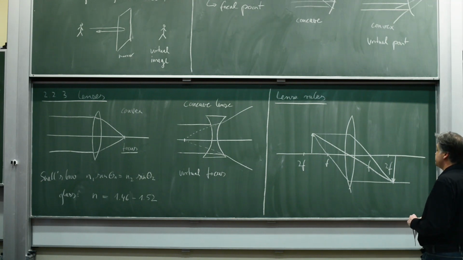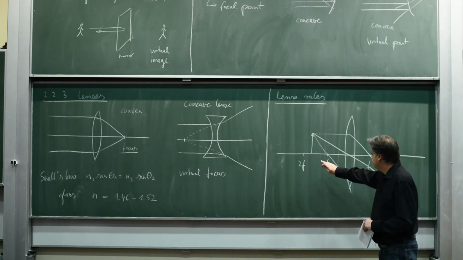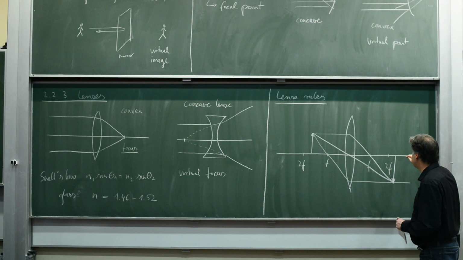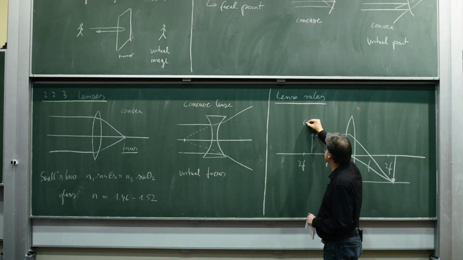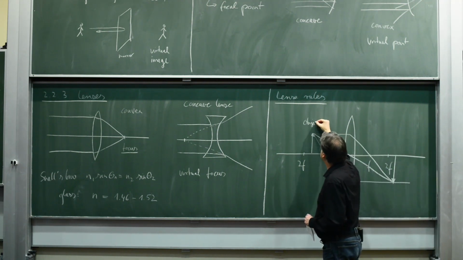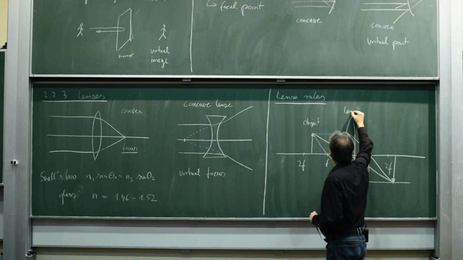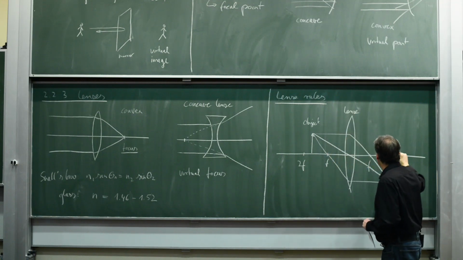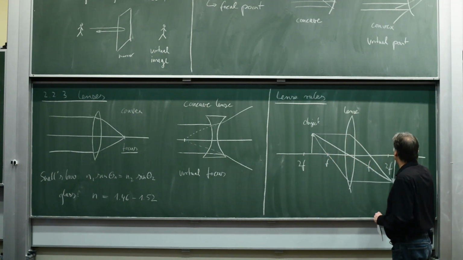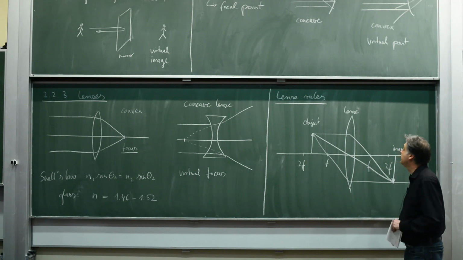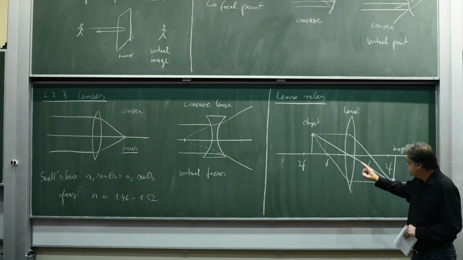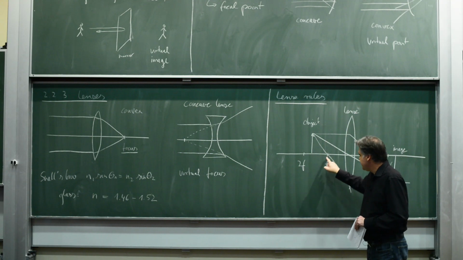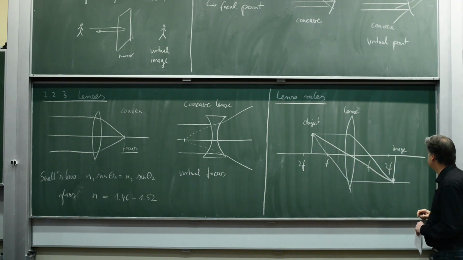If you watch out carefully, you realize that the image, here our object, the lens, and the image: the object was placed between f and 2f.